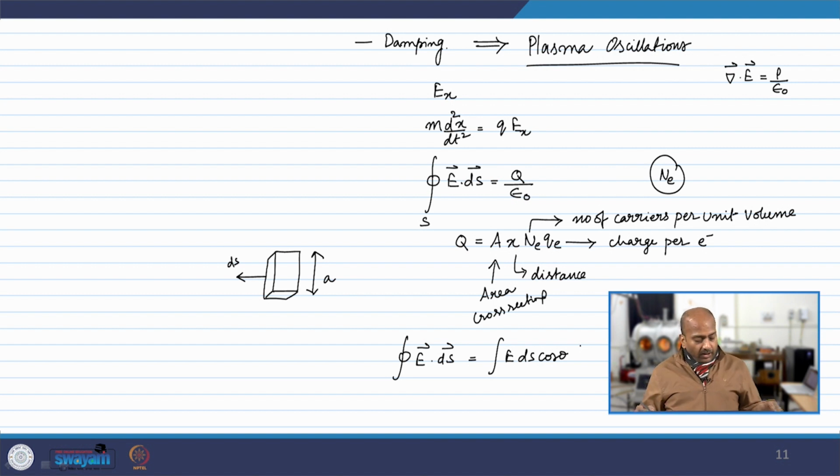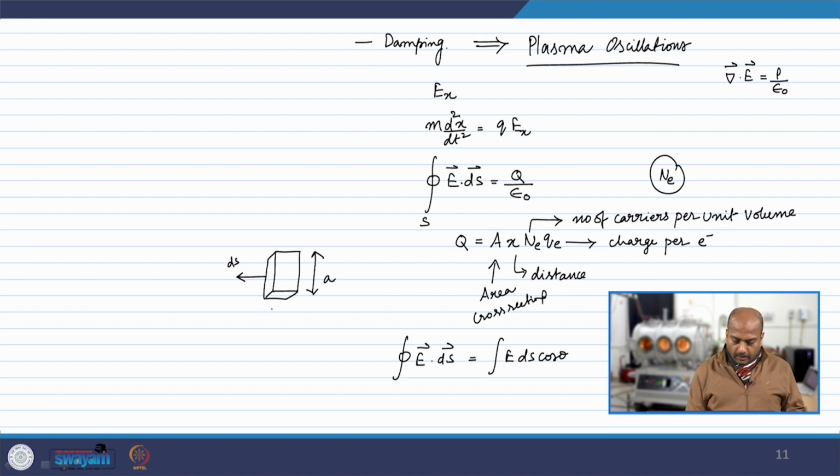The direction of the area element is defined perpendicular to the area at the point on the surface. This is a simple thing, we know all these things. Now this one is dz. So, Ex ds cos theta.